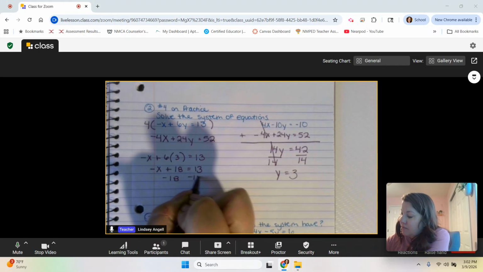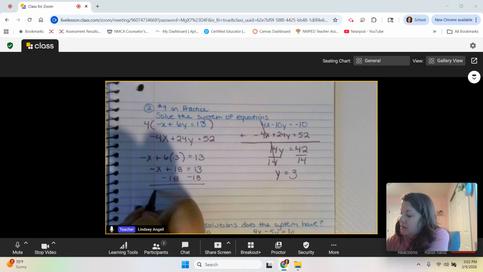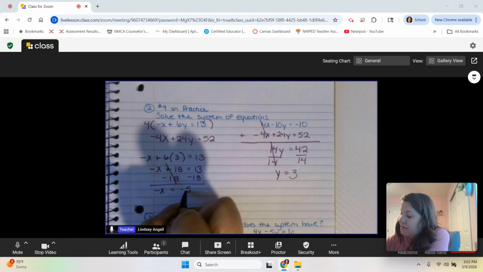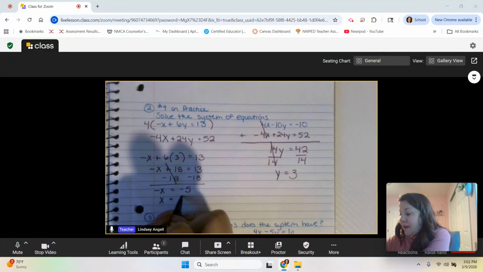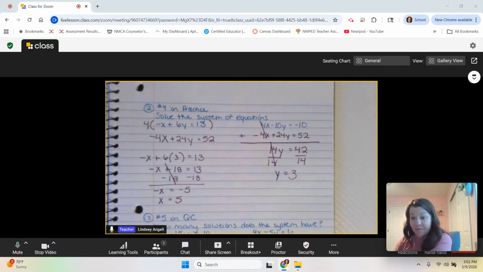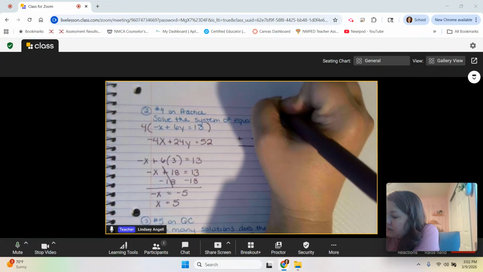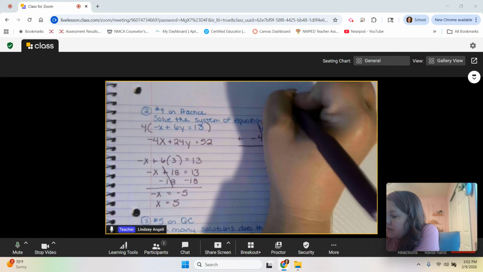Subtract 18 from both sides. I'm left with negative x equals negative 5, which means positive x equals positive 5, which is the same thing as dividing both sides by negative 1. So it should be positive 5, making our final answer 5, 3.